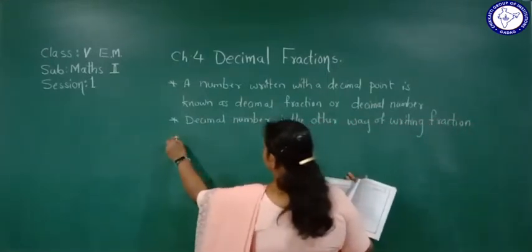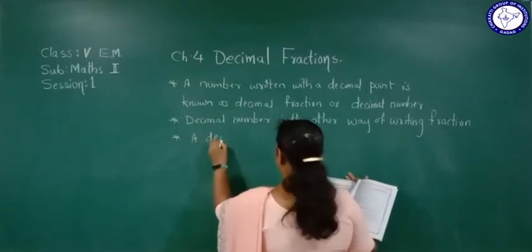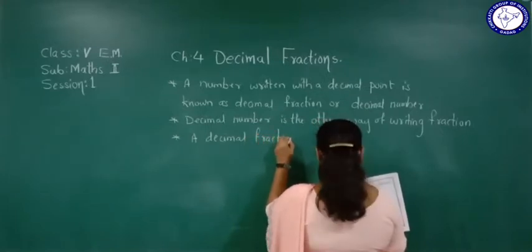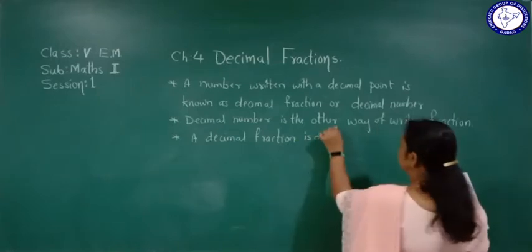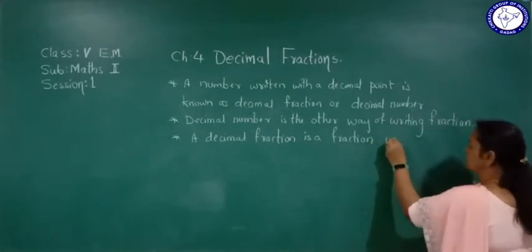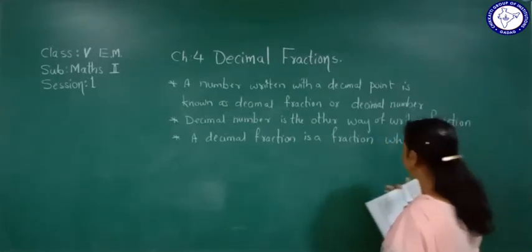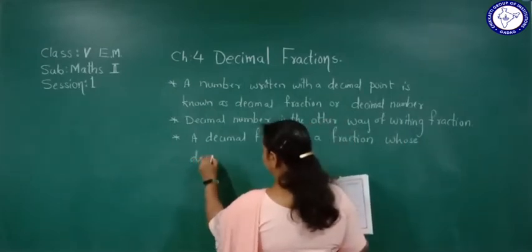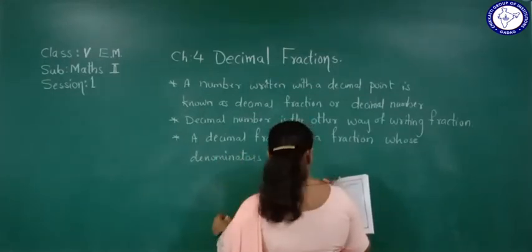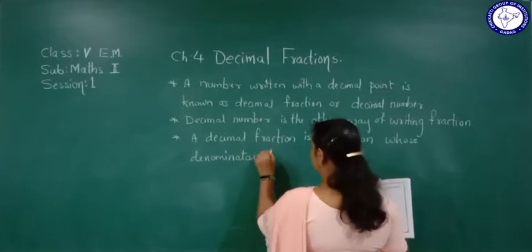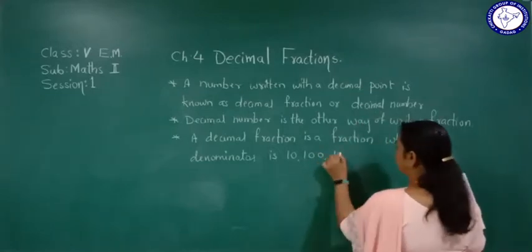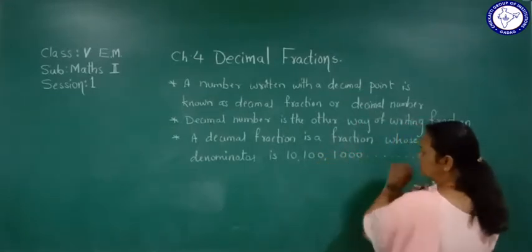Then the third point we learned: a decimal fraction is a fraction whose denominator is 10, 100, 1000 and so on.